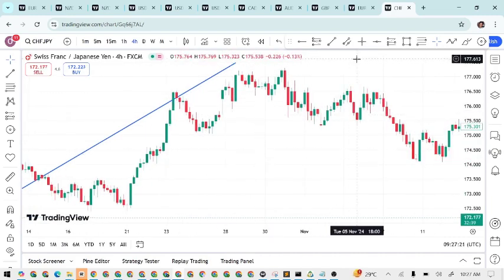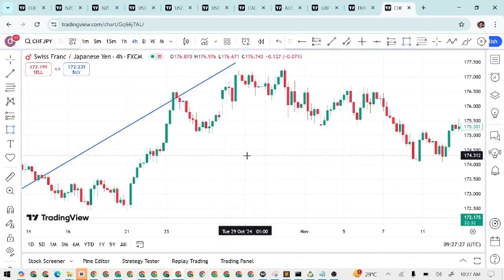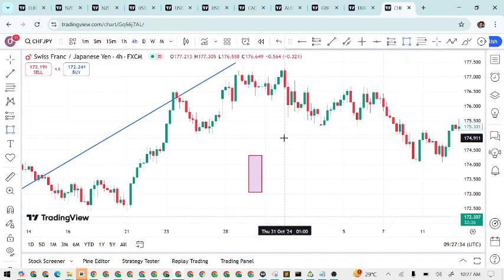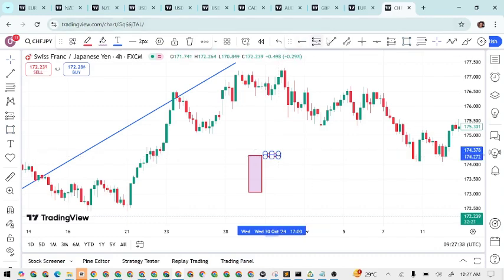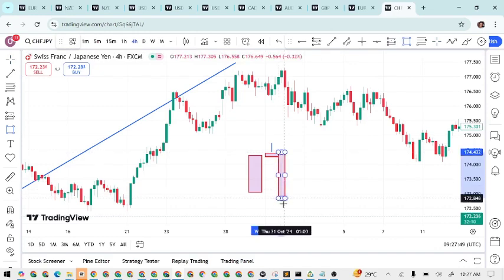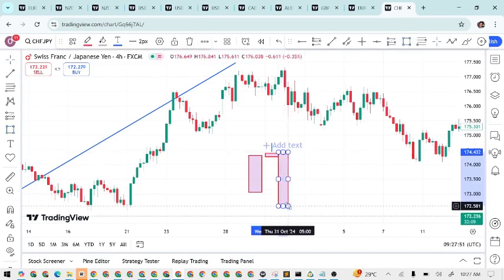Now there's something I want you to keep in mind. If there is a candle, let's say for example, this is a red candle, and we have a doji candle just like this, be patient with me, a doji candle just like that, and then we have an engulfing candle just like this.